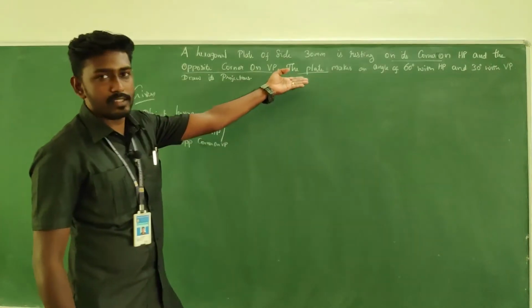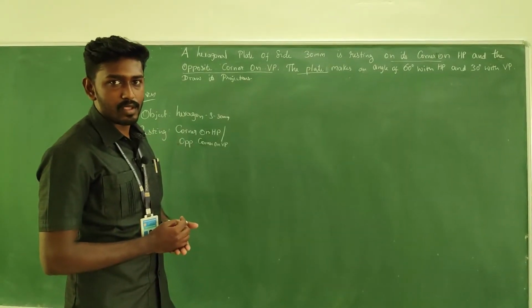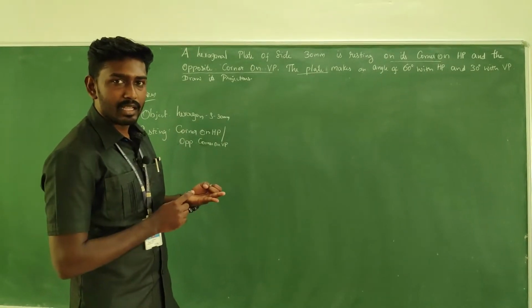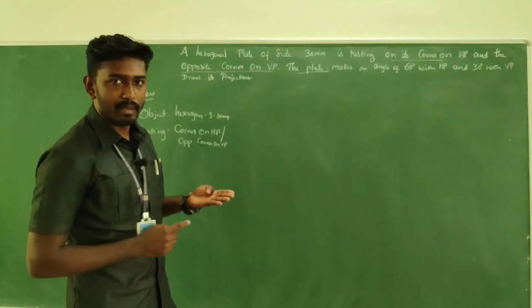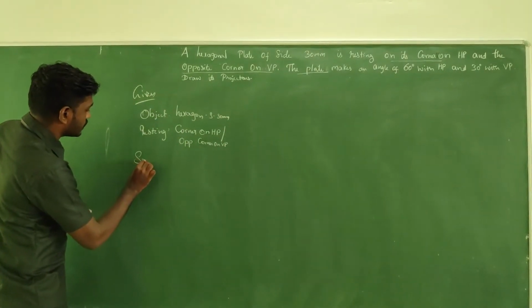We are familiar with this nowadays. Plate in the sense, it's nothing but a surface inclination. Surface inclination, other names are plane, lamina, then surface, right? So here it is mentioned as a plate, so we know it's a surface.